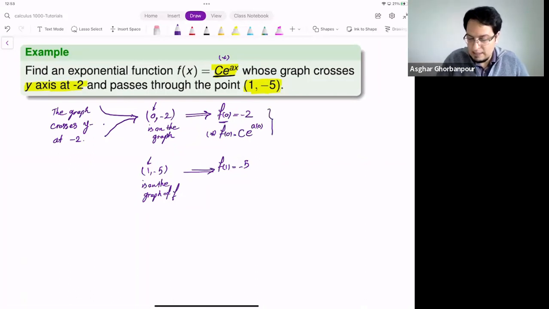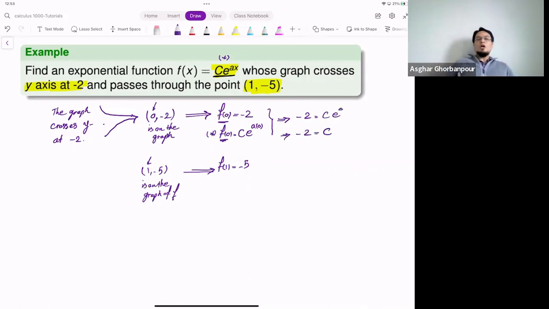So -2, which is the value of f at 0, must be equal to c e to the power 0. But e to the power 0 is 1. So c is -2. Just by knowing where the graph crosses the y-axis, we were able to fix one of these two constants.